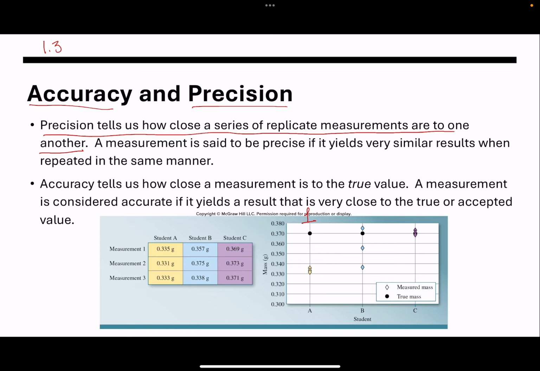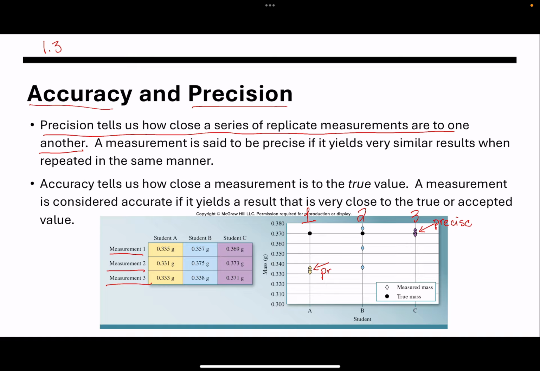We have measurement one, two, and three, all plotted on this graph right here. Notice the three points here are all very close to each other, and these three data points here are very close to each other. So both of those would be considered precise.